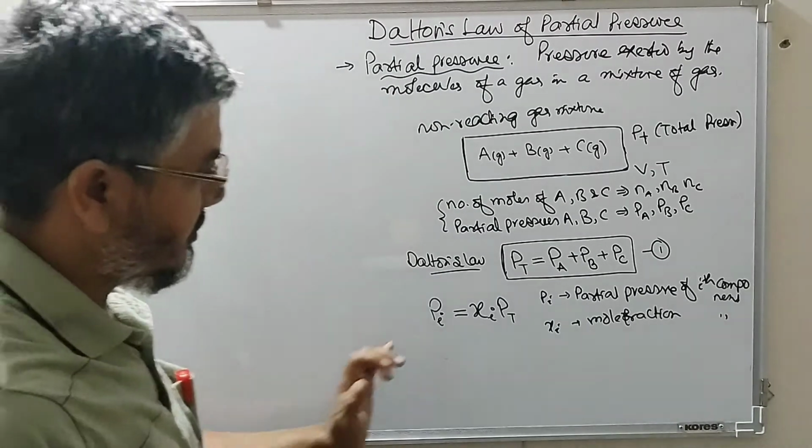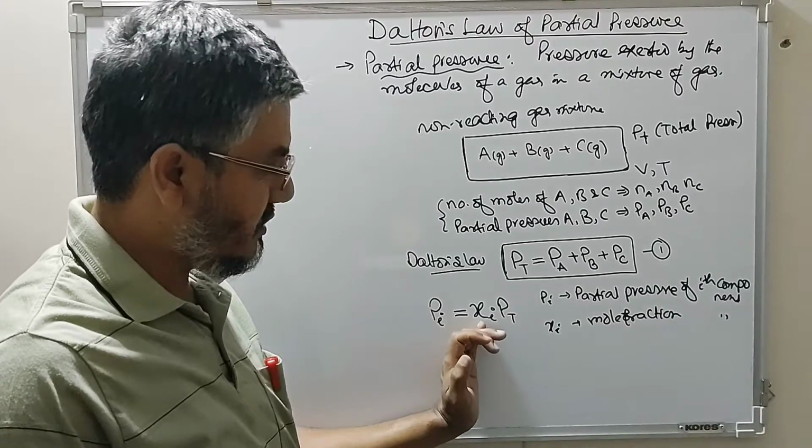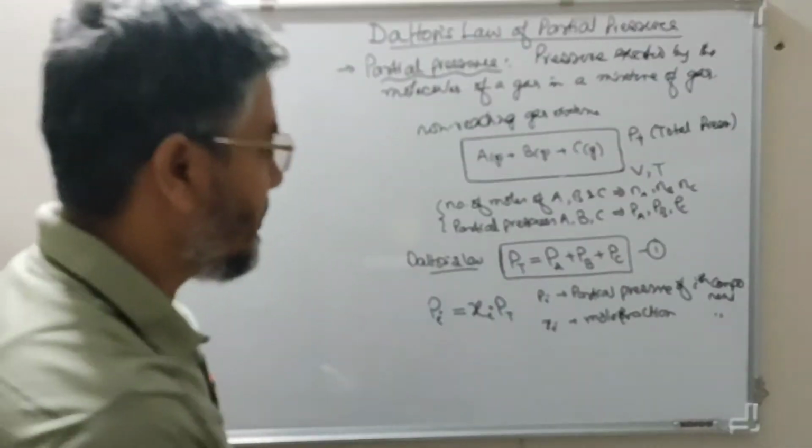So the partial pressure is mole fraction times the total pressure.